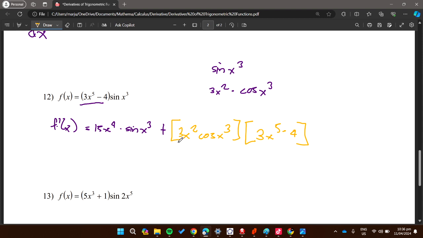Alright? So, kindly work on this. Ano to? Simplify daw natin. So, ano yung simplification of this? Kung ilalabas yung 3x to the cube, let me see.